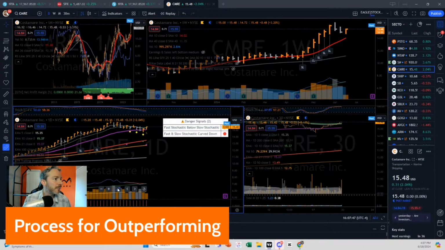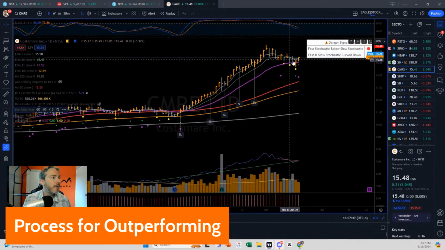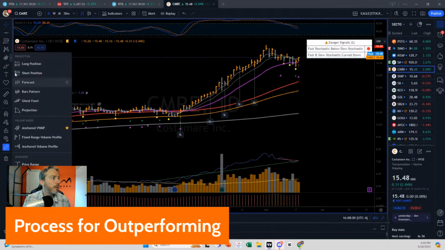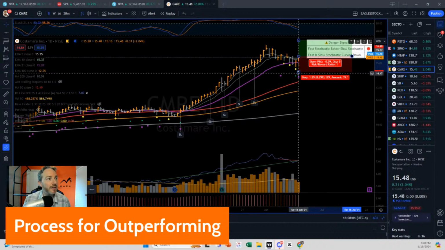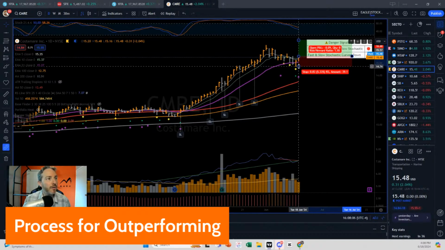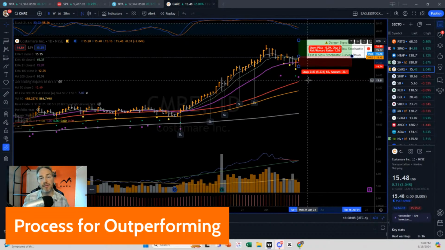CMRE. This one is pulled back. It reversed back above the 21, and it could be making a turn over here. So this one would go onto a list, and I would do further analysis on this to see whether it is worth my time and effort to do more work on.